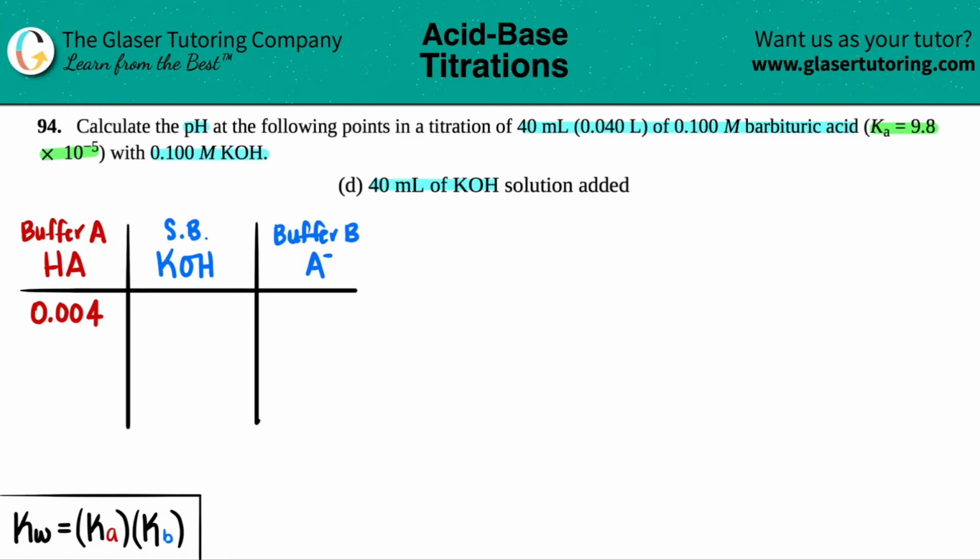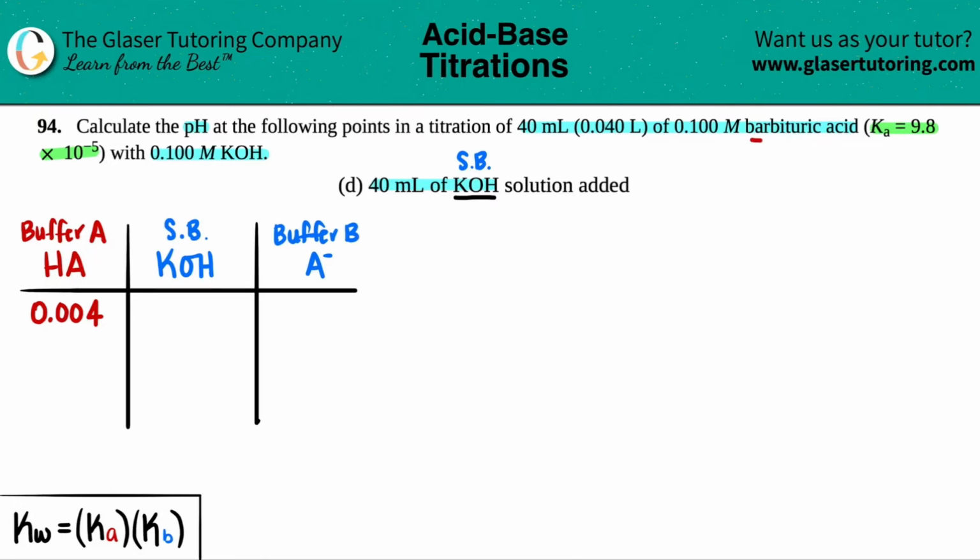So a couple of things here. We're on part D already. We've introduced this battleground chart that happens when we have a titration. And we know that we have a titration because we're dealing with KOH, and KOH is a strong base. That's on your list of 6 strong bases. And we're reacting it with this barbituric acid.